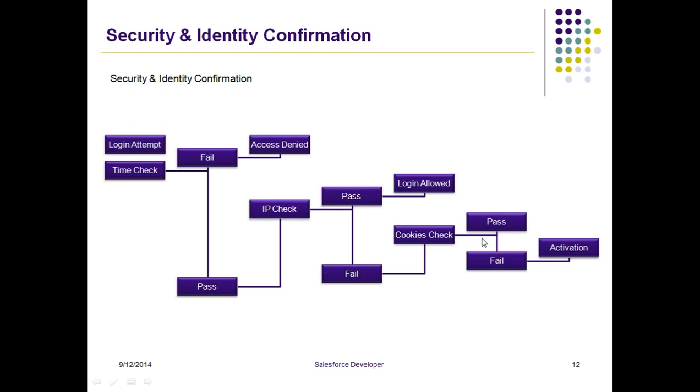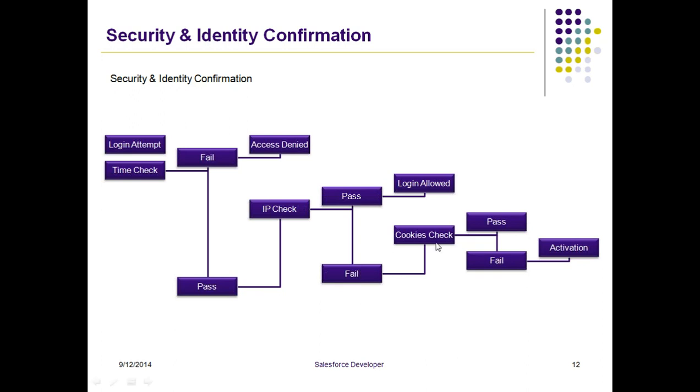If it does not find any information in the browsing history which says that you have already logged in, then it will ask you for an activation code. Correct? The activation code can be received either on your mobile or on your email. So it will ask you to validate your system by providing the activation code. So this is the process which goes on.